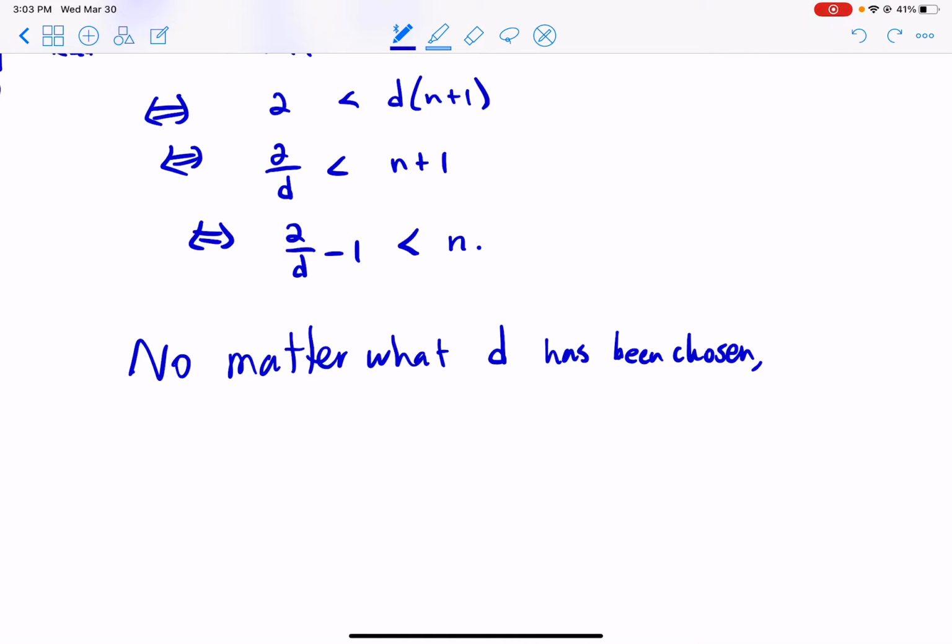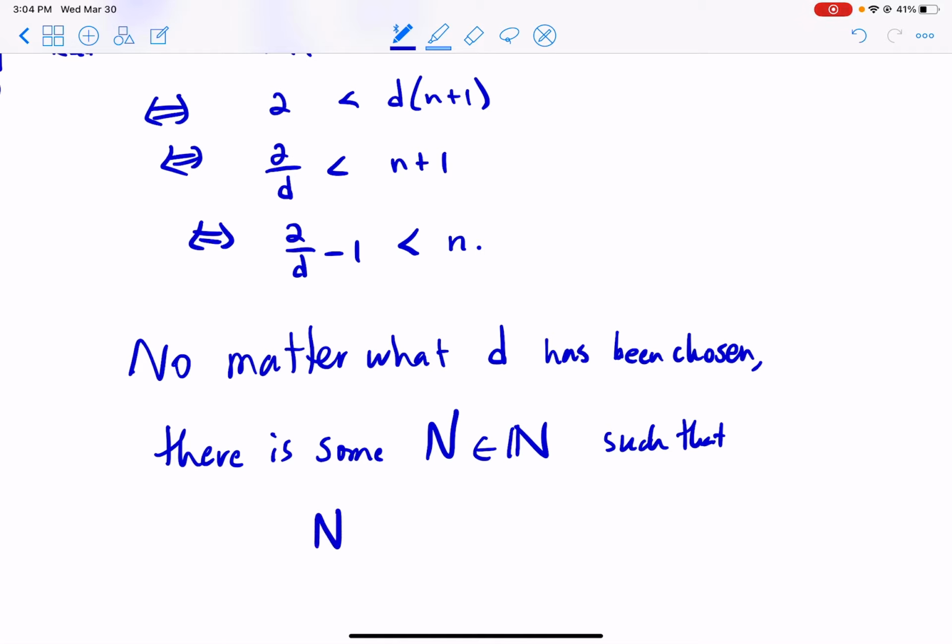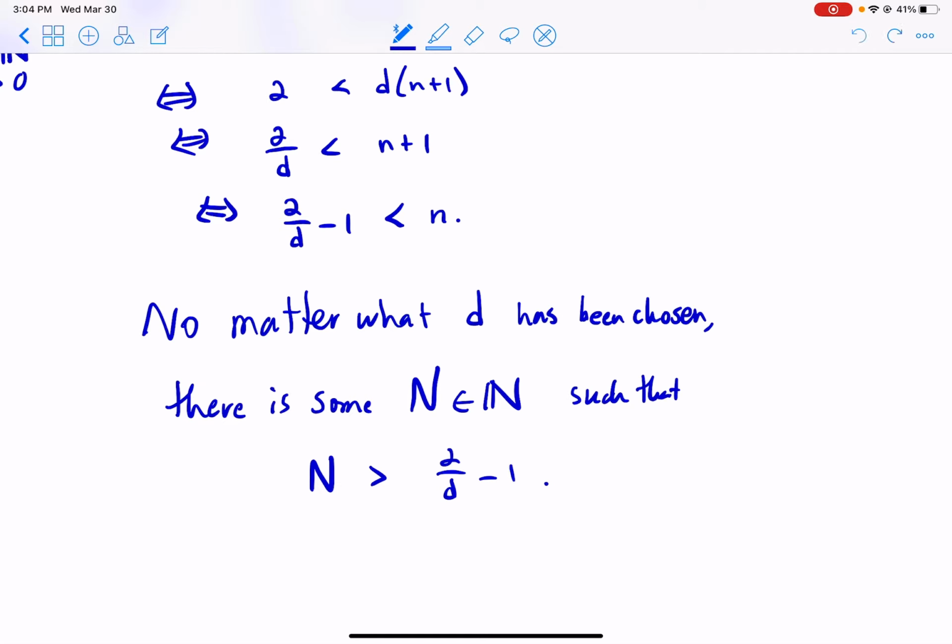No matter what d has been chosen, there is some capital N natural number such that capital N is greater than 2 over d minus 1. No matter what d is, I can find a number bigger than 2 divided by d minus 1.